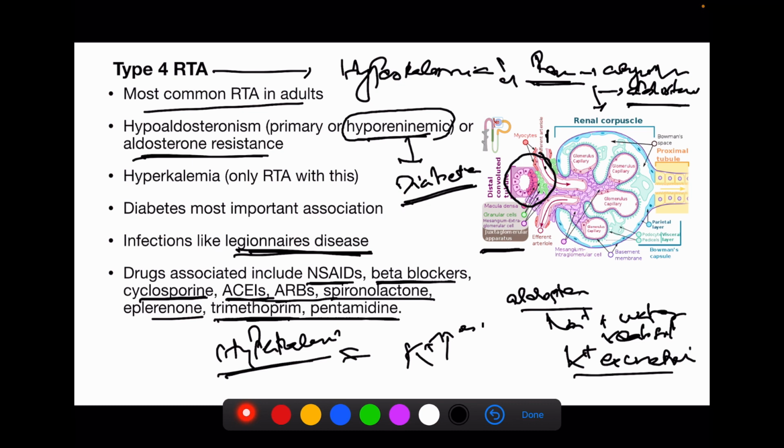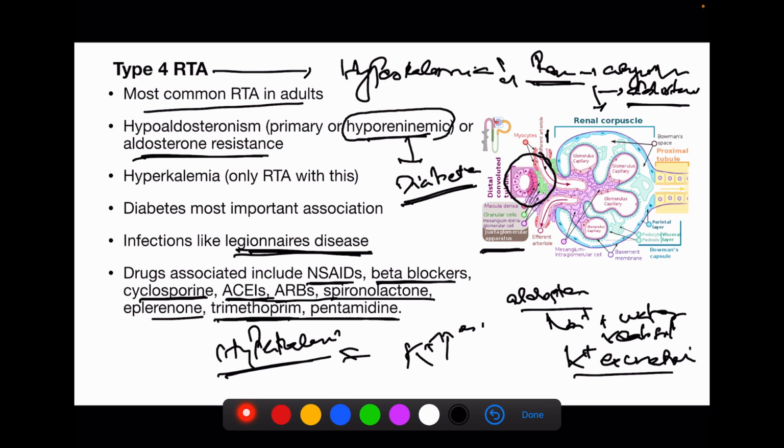The important thing that you need to remember as far as type 4 RTA is concerned is the hyperkalemia. Hyperkalemia is associated only with type 4 RTA. Type 1 and type 2 RTA have hypokalemia. So the treatment in type 4 RTA also focuses on treating the hyperkalemia. Once you get rid of hyperkalemia, the type 4 RTA could also be corrected.